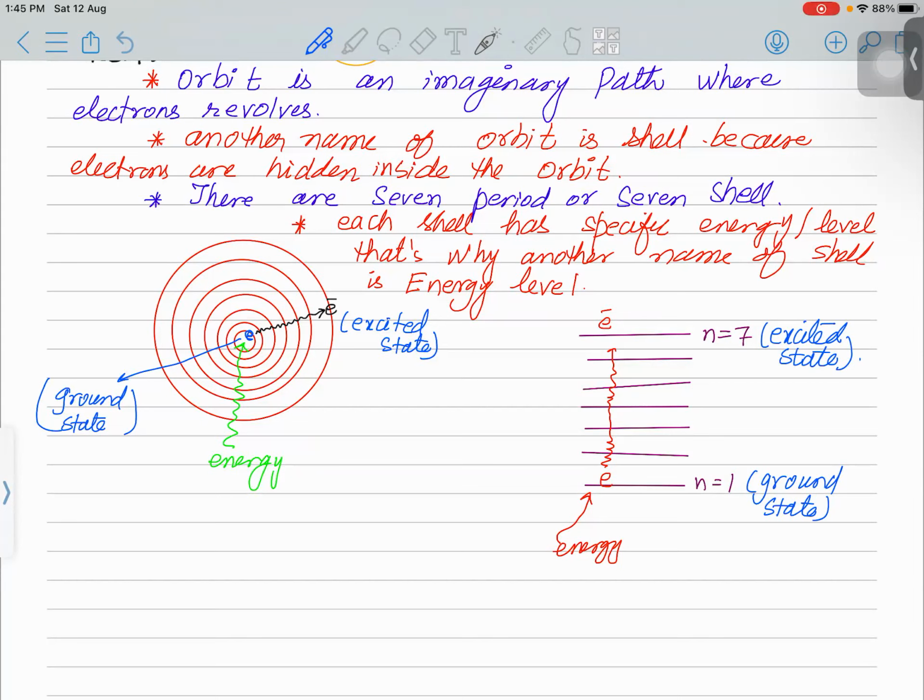Now, after a few seconds, sometimes a few minutes, sometimes a few hours, this promoted electron returns back.